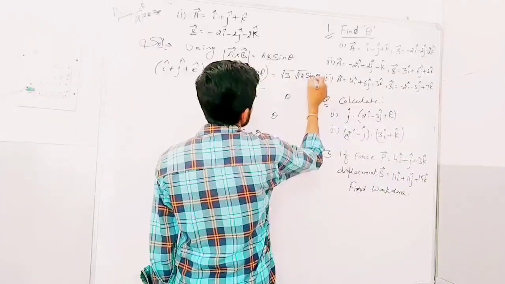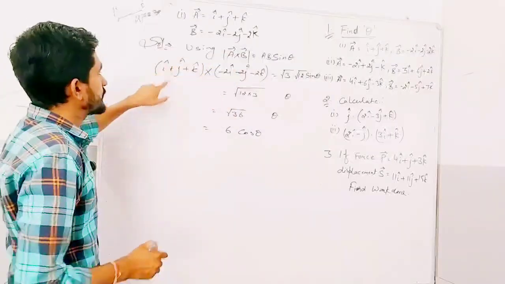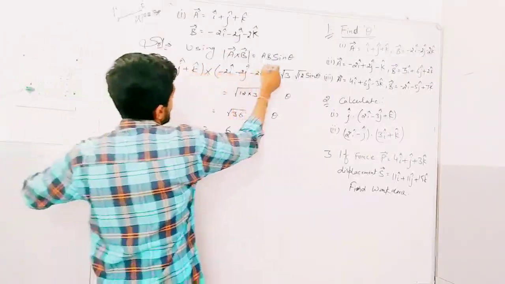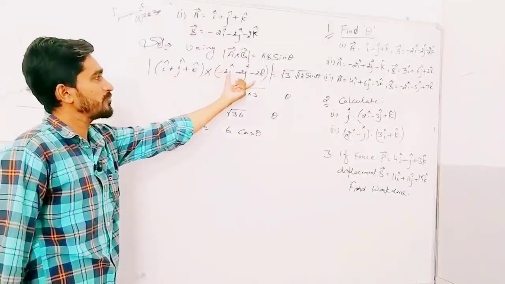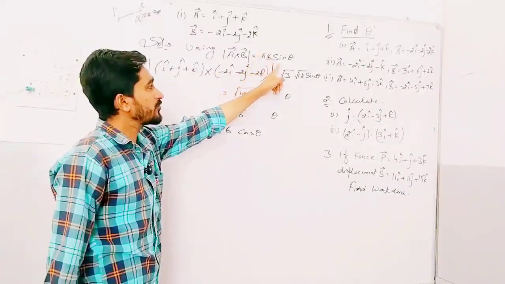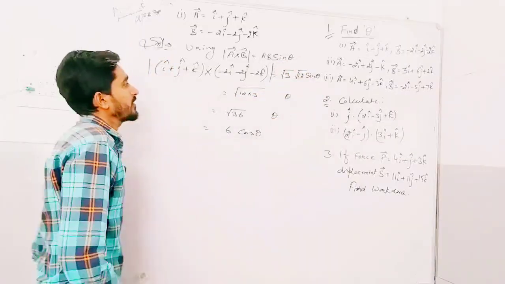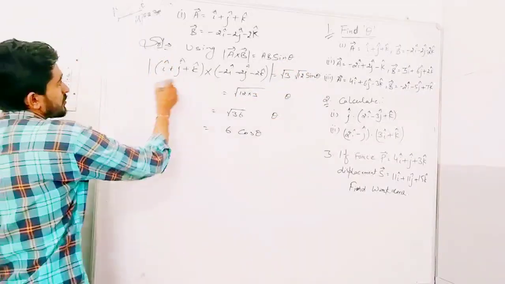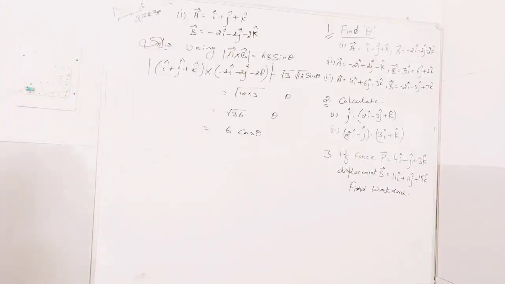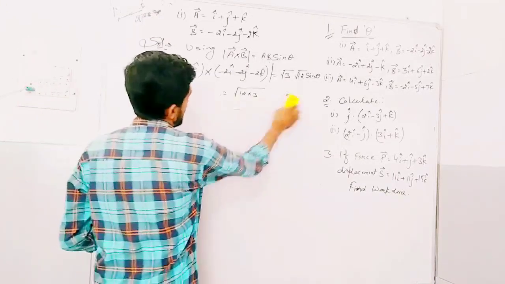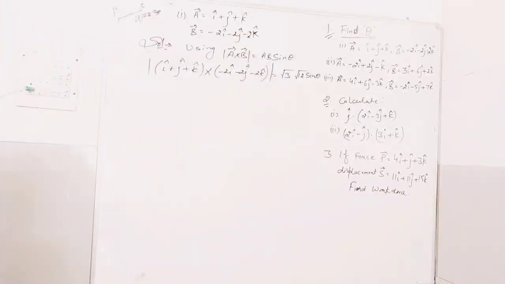So here also sin theta, the magnitude of A times the magnitude of B times sin theta. Then using the cross product, I have to erase this.